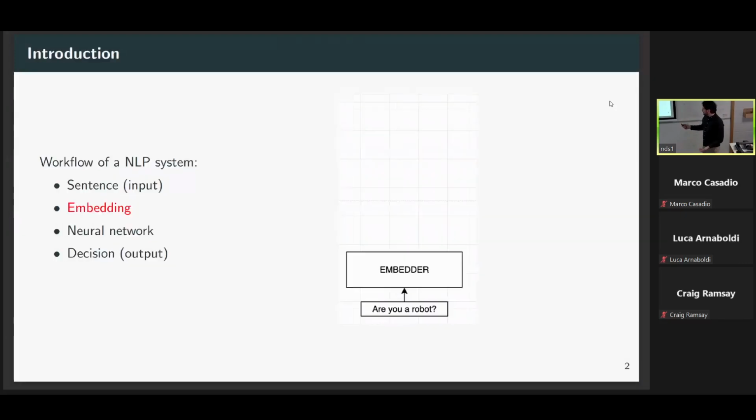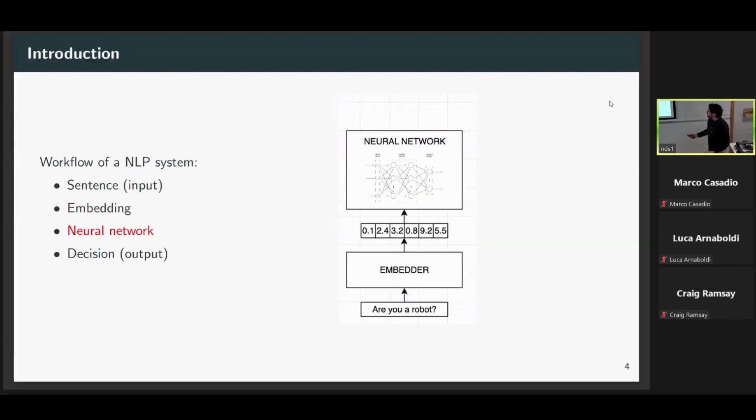After that, we can pass these numbers to a neural network. As you probably all know, as you've seen, at least some neural networks, it's just a normal neural network. It can be any hidden layer, it doesn't matter really here. And finally, we're going to get an output for this decision. In this project, we are concerned with classification tasks, so it's going to be a class.